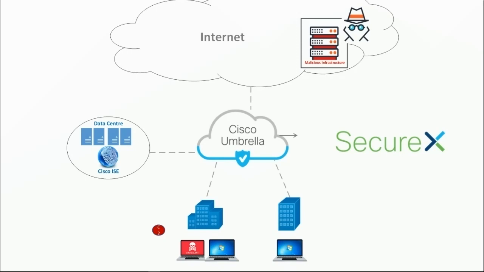In this example network, we have two components of the Cisco Secure portfolio, Cisco Umbrella and Cisco ISE. Cisco ISE is our network access control solution, which basically controls who can access what inside your network based on the user or device context.